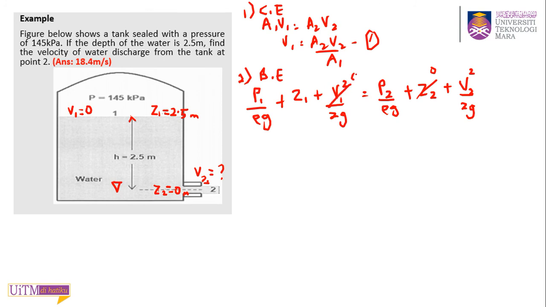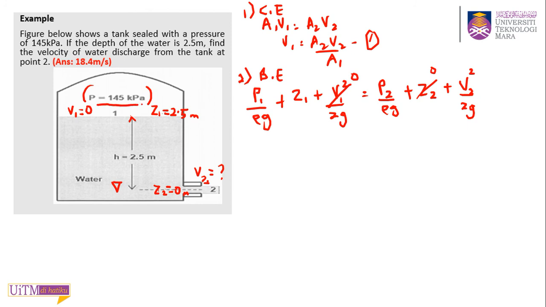Earlier you said P1 is also 0, right? If they don't give you this P, it means it's 0. You are half right. P1 is 0 if it is open to atmosphere, but here it is sealed with a pressure of 145 kilopascal.